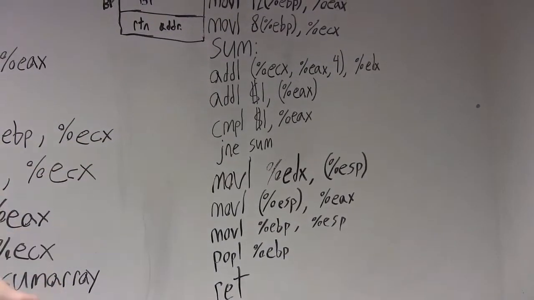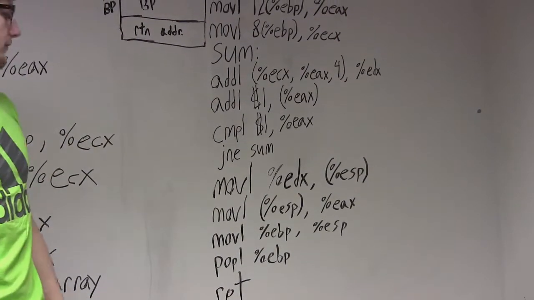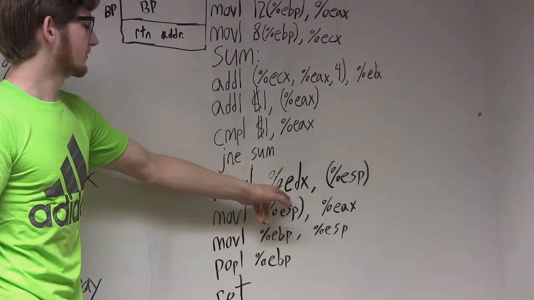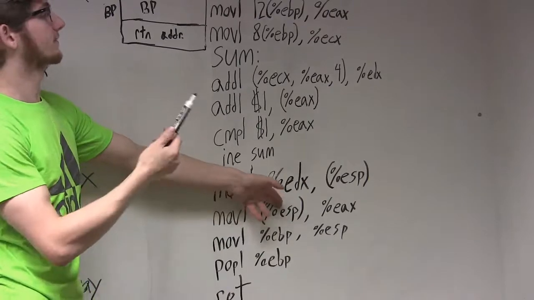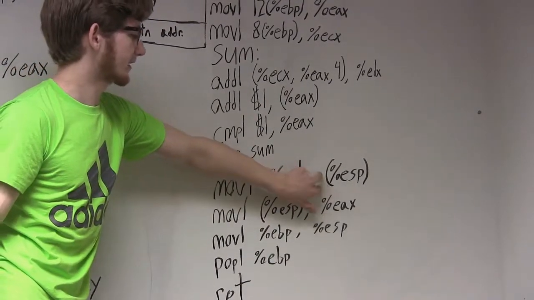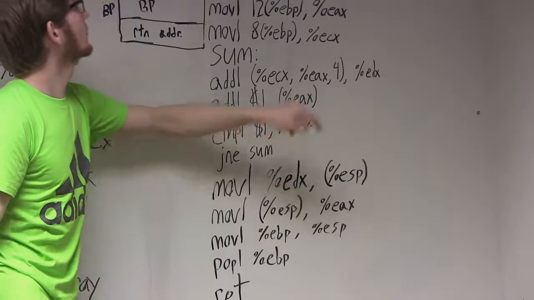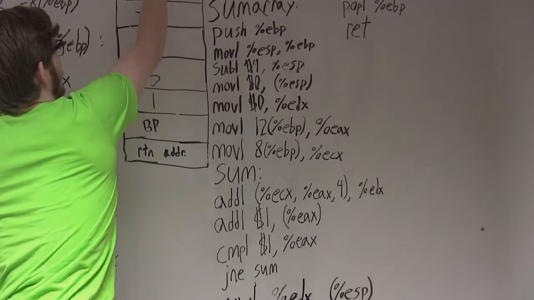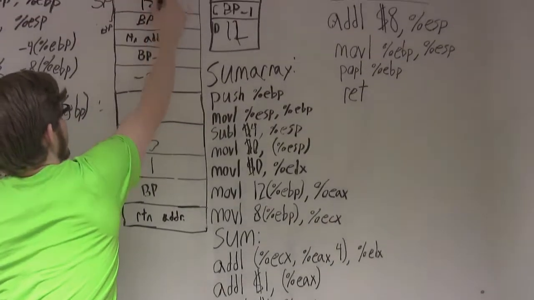So for clarity though, because we wanted to make use of that local variable, we moved the value in EDX, which is the sum of the entire array, back into the indirectly referenced stack pointer, which is up here. And so that'll give us the 12 up there.